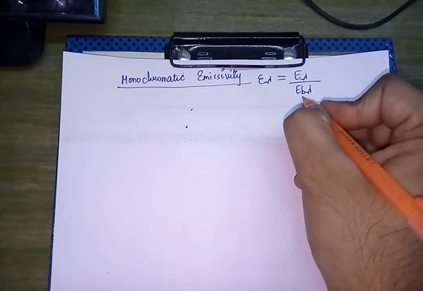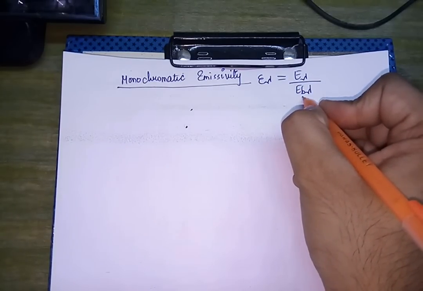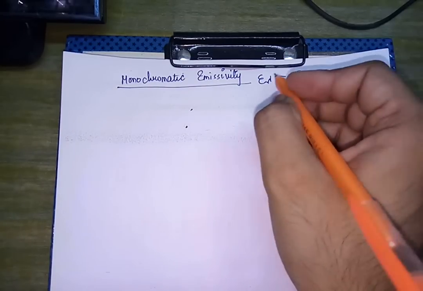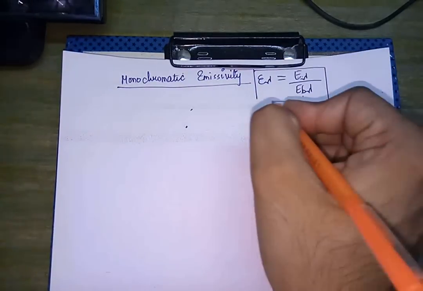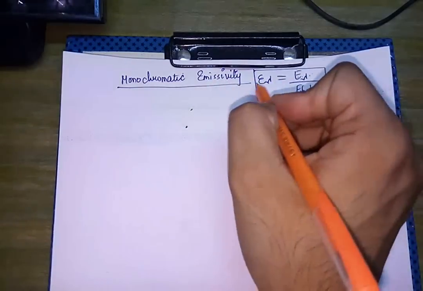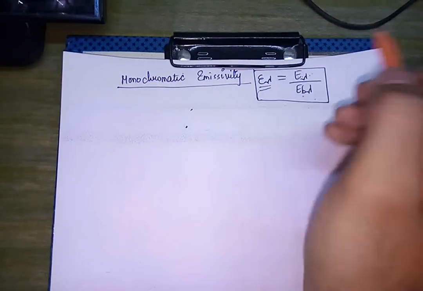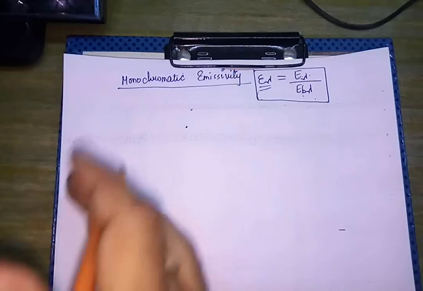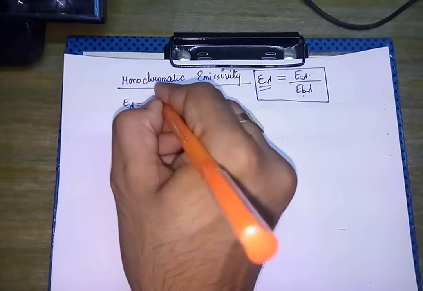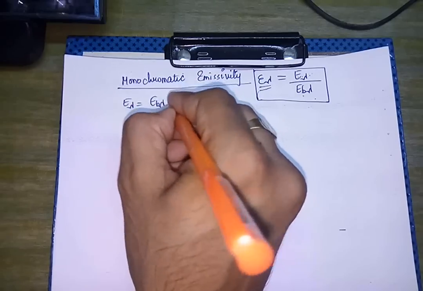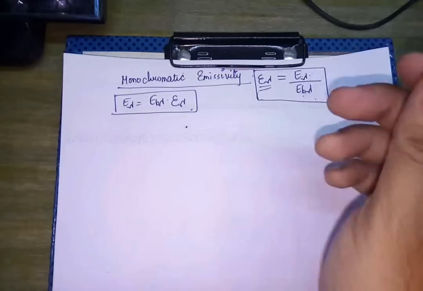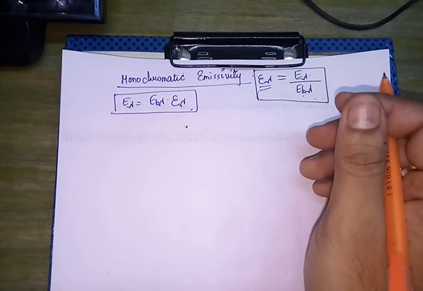EB lambda is the monochromatic emissive power corresponding to the black body, and E lambda is the monochromatic emissive power of a non-black or any other body. So it will be the ratio between these two quantities, and it will be called monochromatic emissivity. From here we can write E lambda equals EB lambda into epsilon lambda. We just have to cross multiply and write it.